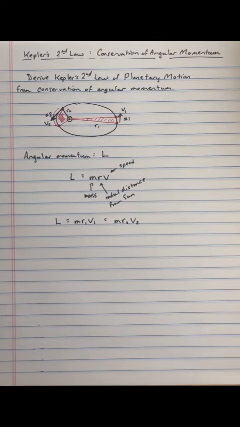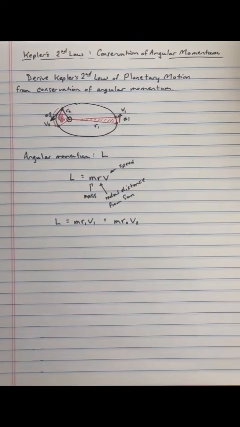This is a common enough occurrence in physics, where some quantities are conserved under certain circumstances. If it's just a planet orbiting the sun and there's no outside force that comes along and messes it up, this number stays the same, right? There's also things like conservation of energy, which you've probably heard of, and conservation of linear momentum, and so on and so forth.